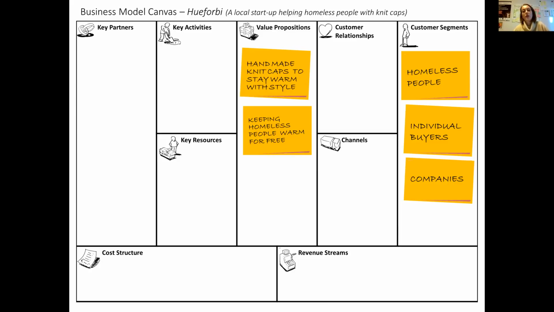The keywords are handmade and style. And for homeless people, keeping homeless people warm for free, and the keyword here is free. But the second one can also be integrated to the first one, considering that our commercial customers can also be impressed by the idea of helping homeless people.